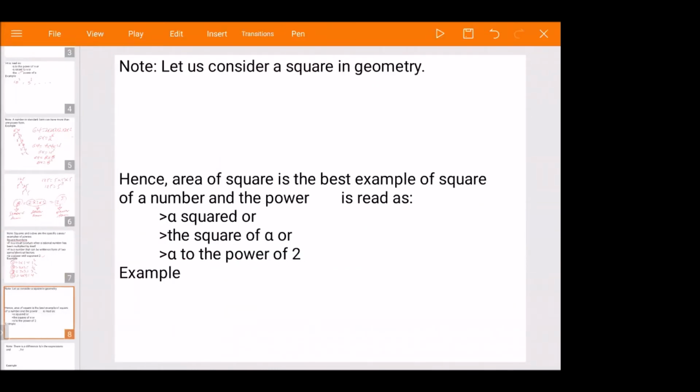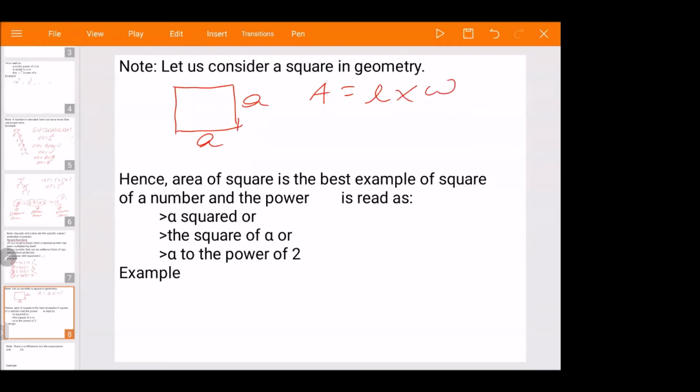Now, to visualize the concept of square numbers, let us consider a square in geometry. Already you know that a square is a quadrilateral with the same length and width. Let us consider this square. Let's say the length is A, and the width is also A. The area of a square is the product of the length and the width.